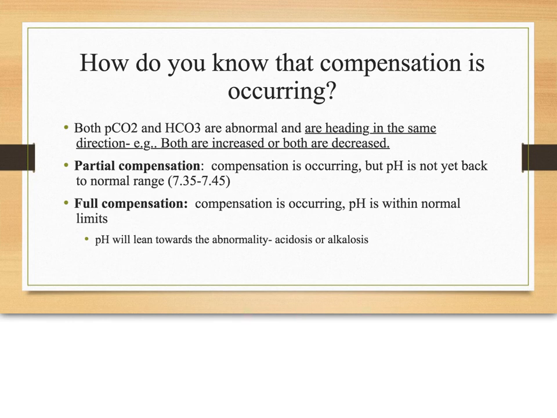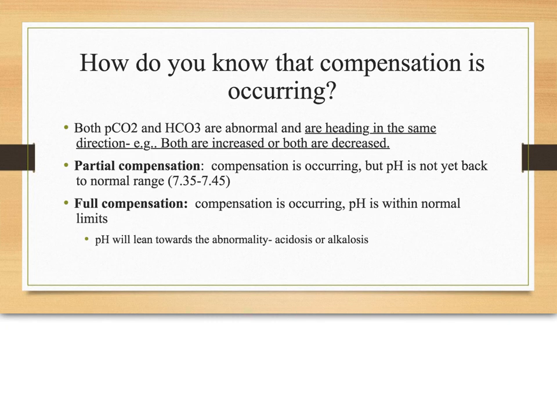So let's say the underlying abnormality is a respiratory acidosis. Even though the bicarbonate is increased to try to compensate for that increased acidotic load, our pH may be normal, but it's always going to lean towards the 7.35 side. It's never going to totally get back to the midpoint. So that's a clue for you.